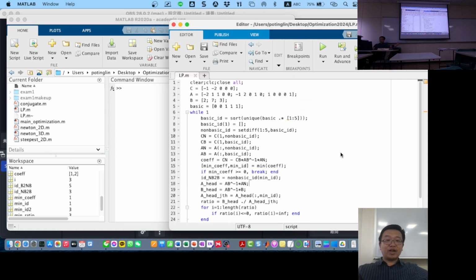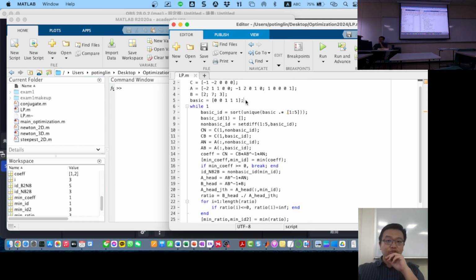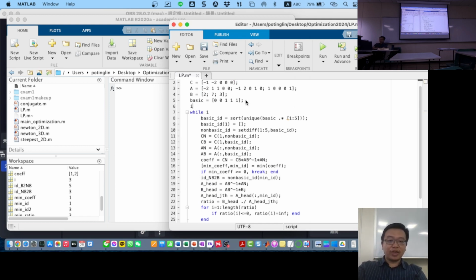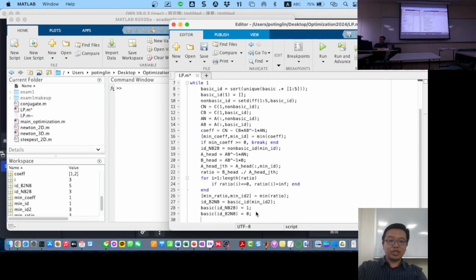I want to print out the result. So maybe I will show something like an iteration number. Here, iter equals iter plus 1, just for me to show the result.